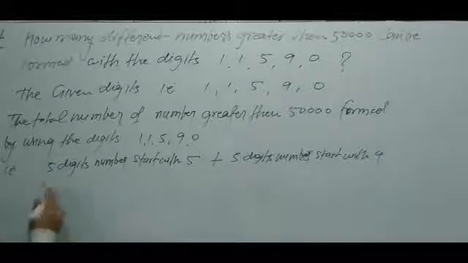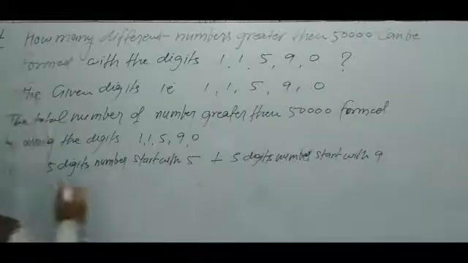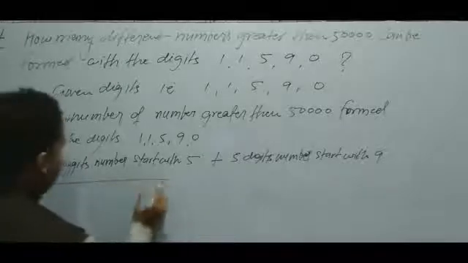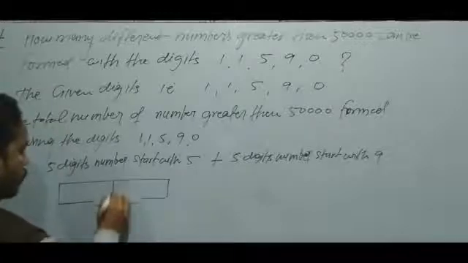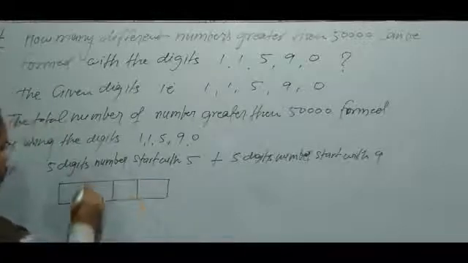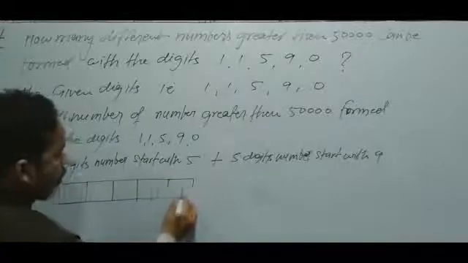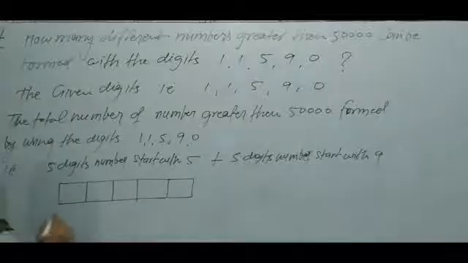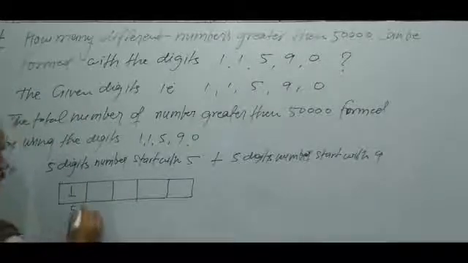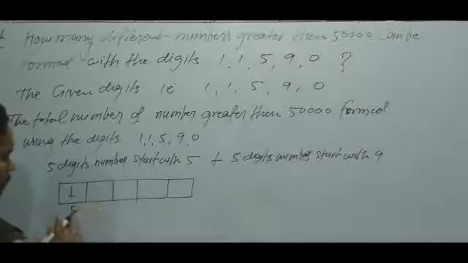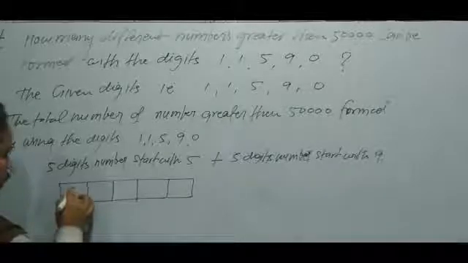So what we can write? 5 digit numbers start with 5. Suppose we are going to make this box. So this place we can fill only one ways, and this place means only we put here 5.